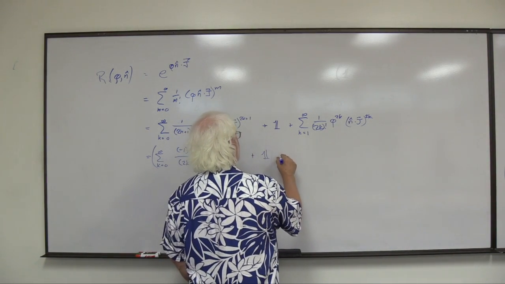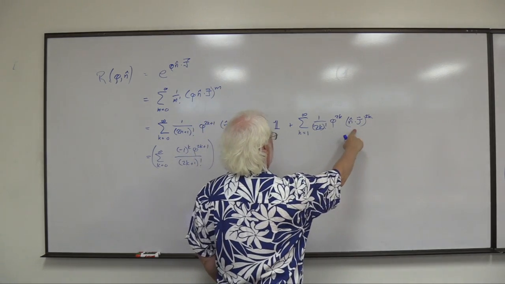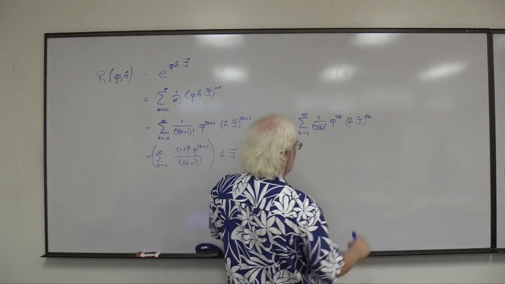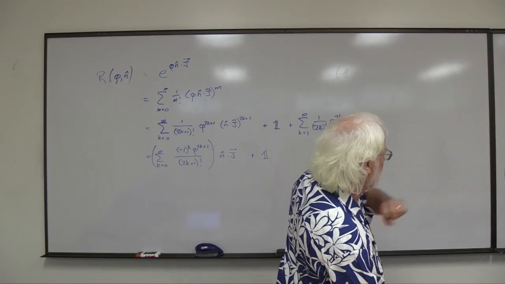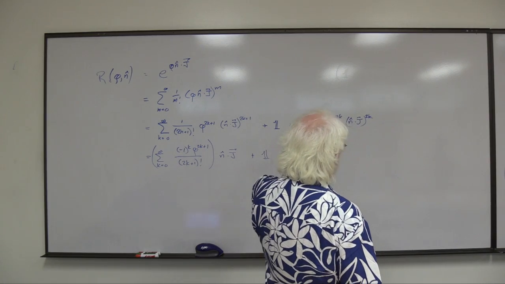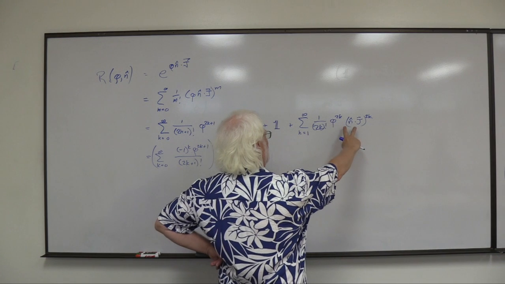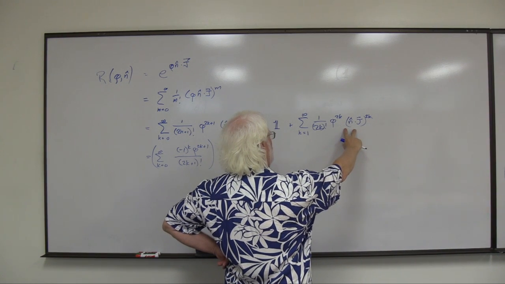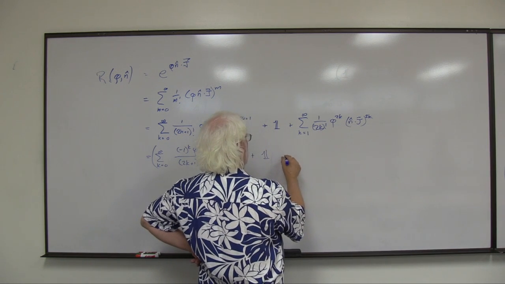And now, plus, yeah, what we really need here, right, is that projection operator. So what we need to do is, let's see, we're going to need the 0th power times that projection operator.